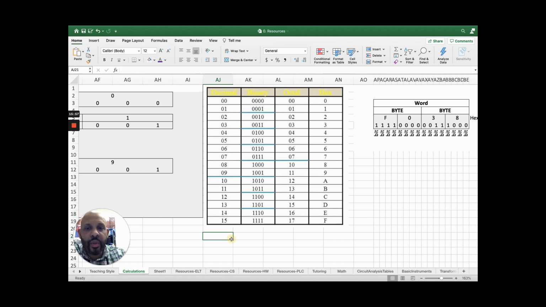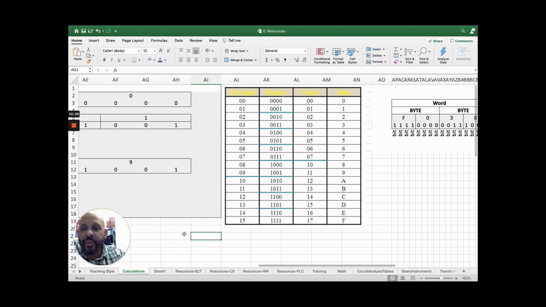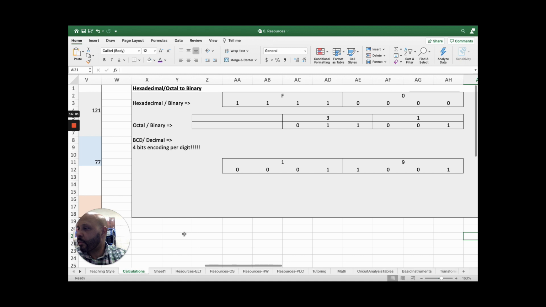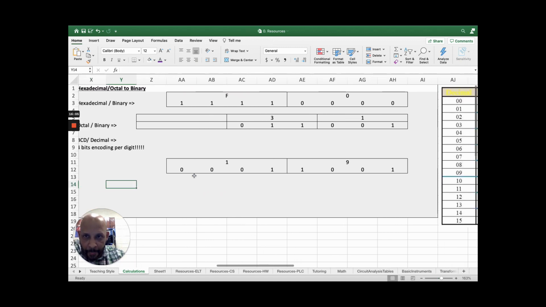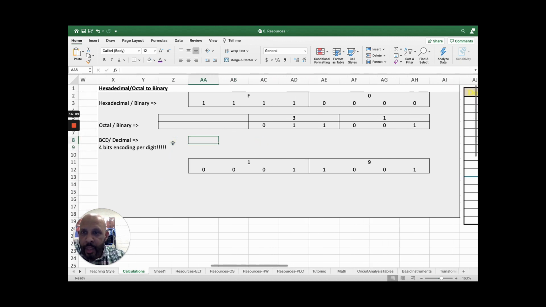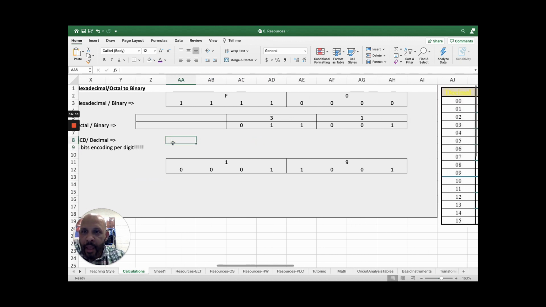Very important. So now, if you want to convert from hexadecimal to binary, this is what you want to do.